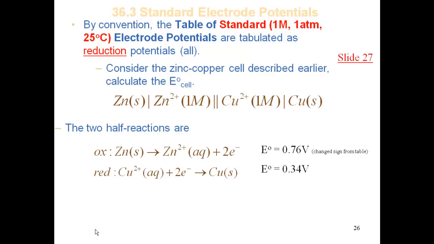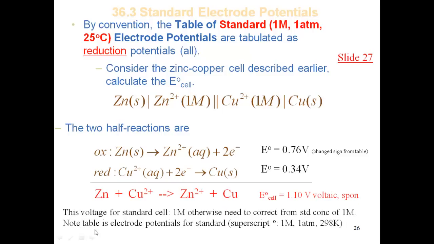So that gives me E of 0.76, changing the sign since I flipped it, and E of 0.34 volts for our copper. We need to make sure we have the same number of electrons balanced, which in this case they're both 2. Zinc is giving up 2 and copper is taking on 2. Add this up, and the overall balanced equation is zinc plus copper 2 plus gives me zinc 2 plus plus copper.